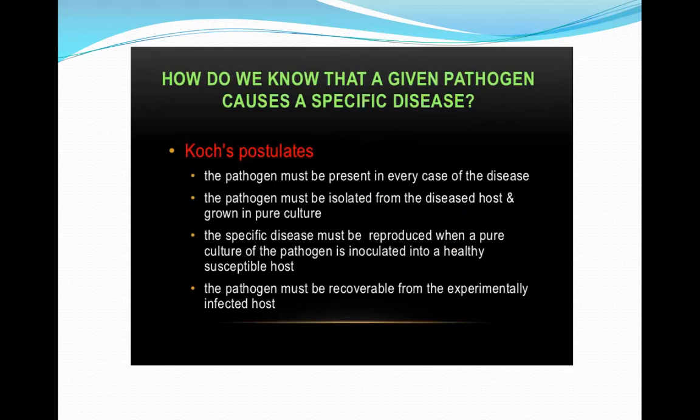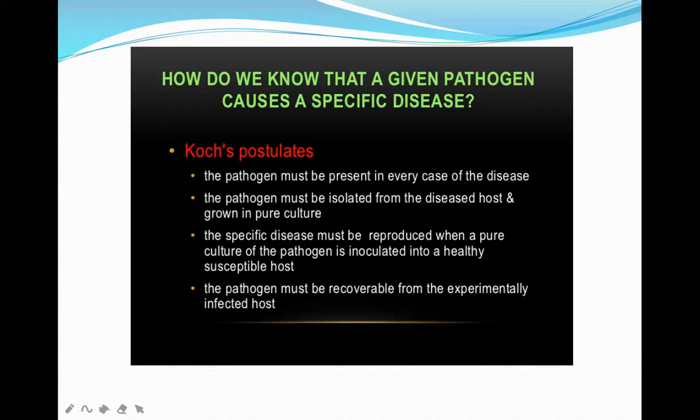In the same manner, the first postulate proposed by Koch: the pathogen must be present in every case of the disease. The pathogen, that is the disease-causing agent, must be present in every case of the disease. The pathogen is associated with the disease. The second: the pathogen must be isolated from the diseased host and grown in a pure culture.